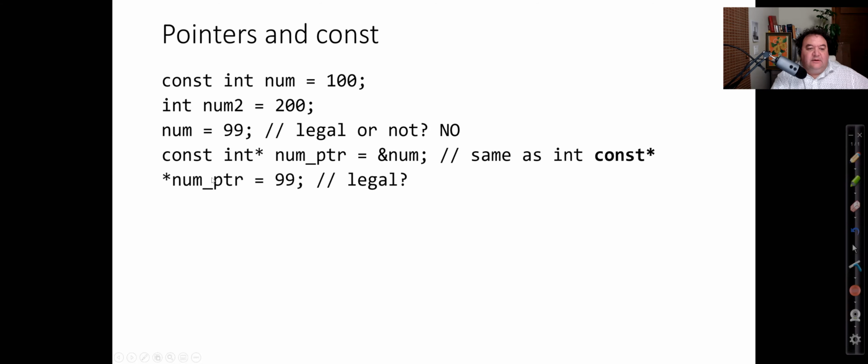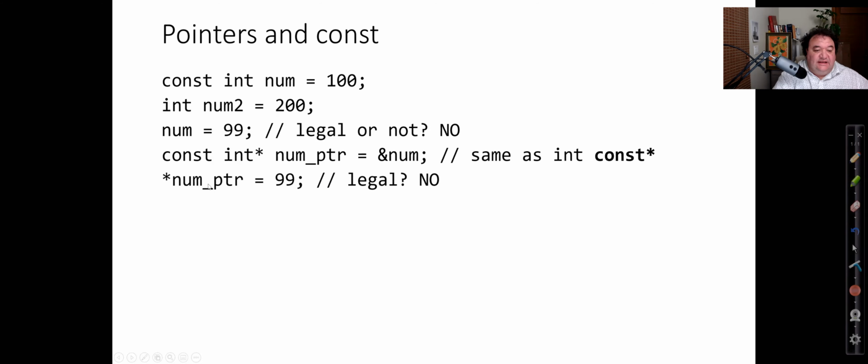Similarly, here we look at a const int star pointer equal to the reference of num, which is the same as int const star. And so can we now assign through the pointer the value 99?